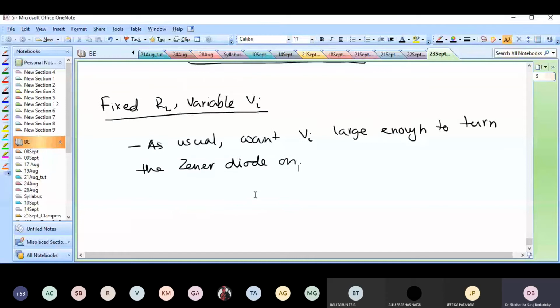What does it mean? Remember, I want V greater than Vz. So refer to the previous figures.